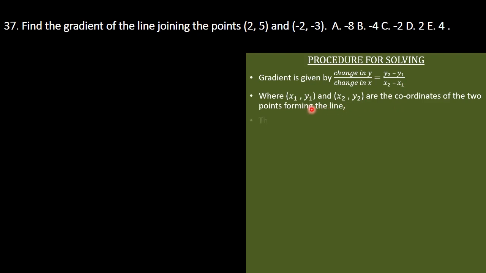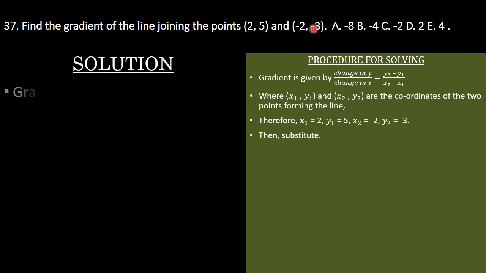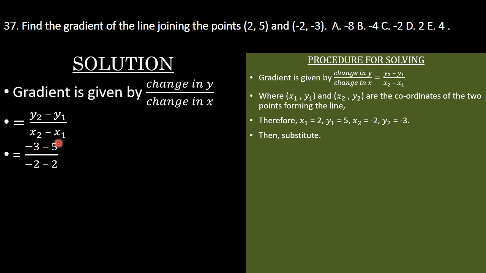Therefore, x1 is equals to 2, y1 is equals to 5, x2 is equals to -2, y2 is equals to -3. Then substitute. Let's check the solution. -3 minus 5 over -2 minus 2. -3 minus 5 gives -8 over -4 gives -4.